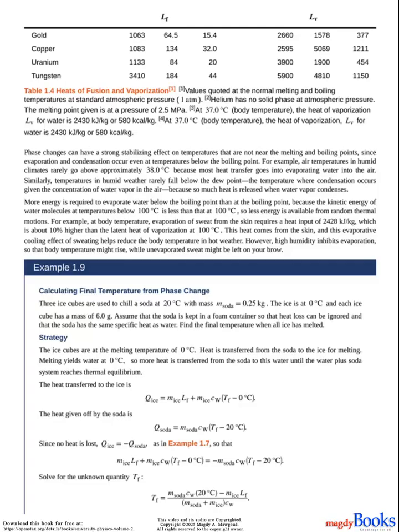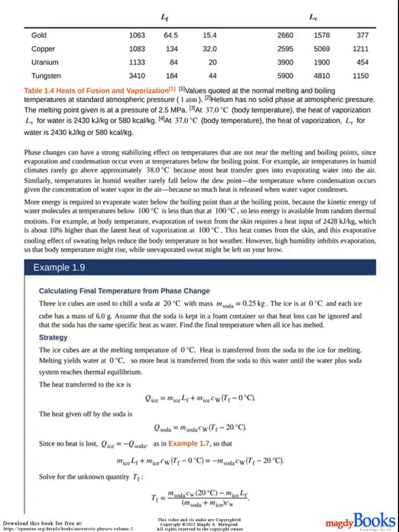Copper. Melting point, 1083 degrees Celsius. 134 kilojoules per kilogram, or 32 kilocalorie per kilogram. Boiling point, 2595 degrees Celsius. 5069 kilojoules per kilogram, or 1211 kilocalorie per kilogram.